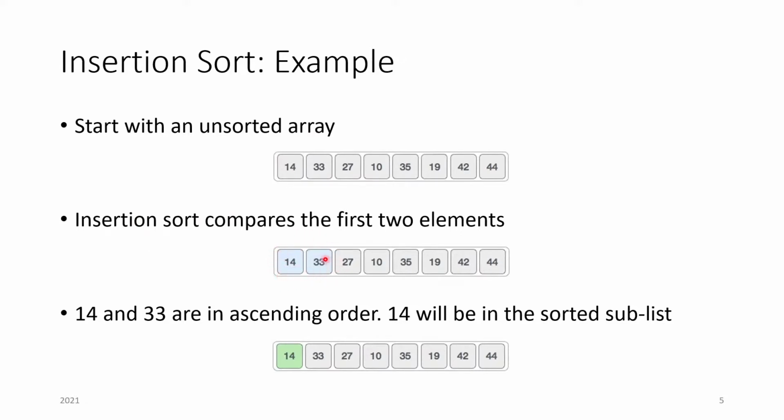Between these first 2 values shaded in blue, it determines if the leftmost value is less than the rightmost value. So if 14 is less than 33, 14 remains in the sublist, shaded in green. If not, 33 will be the value in the sublist, and 14 will be on the other side.